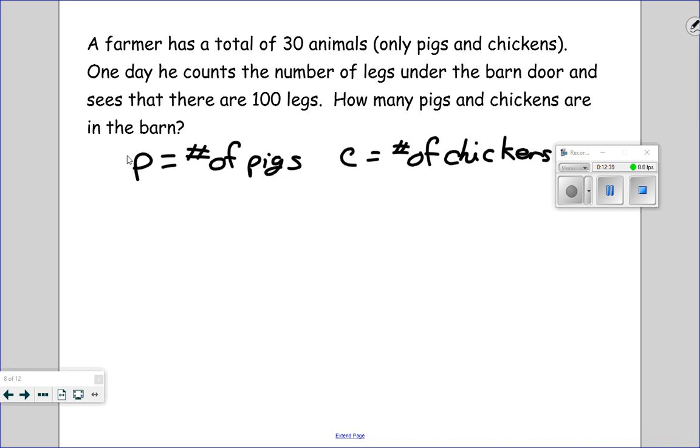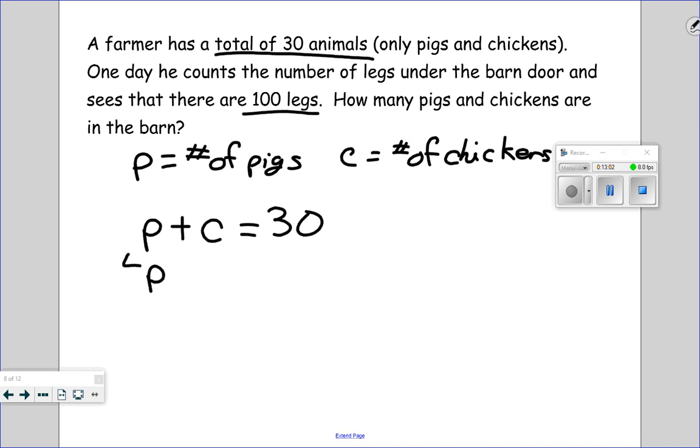So we're going to start off with the first thing they tell us, that there's a total of 30 animals altogether. That means if I add the number of pigs plus the number of chickens, that should be 30. The other equation has to do with the legs. The way we count up legs, since we know pigs have 4 legs, I multiply the number of pigs times 4.